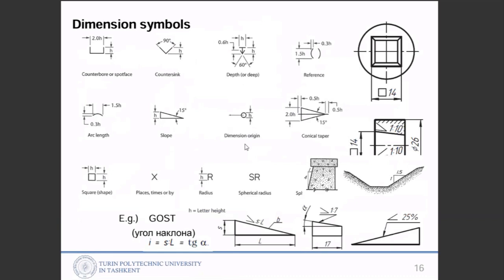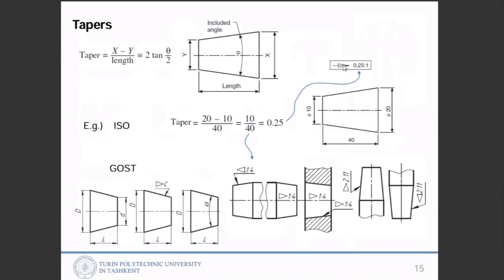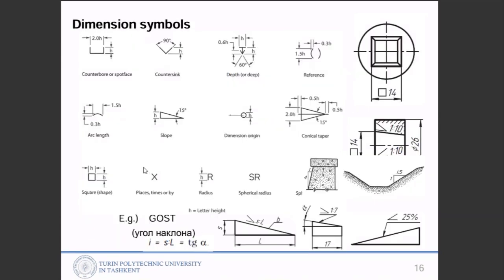Dimension origin. Conical taper. So taper we already seen. Okay, so taper symbol, same like here. Square shape. If you have a dimension value, and before the dimension value, if you have this kind of square shape, that means the other dimension is also similar.